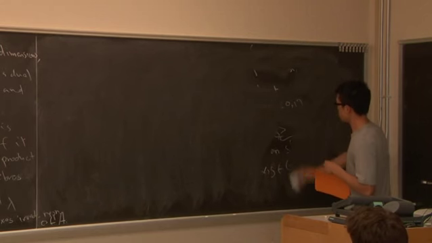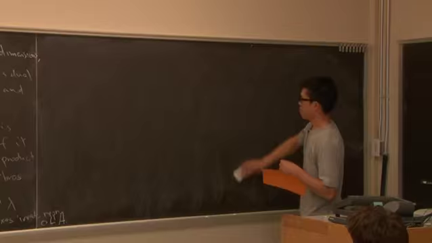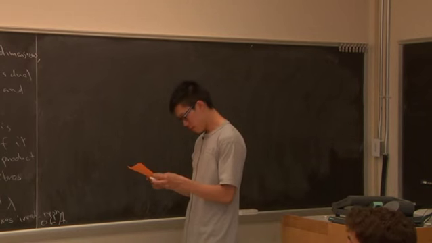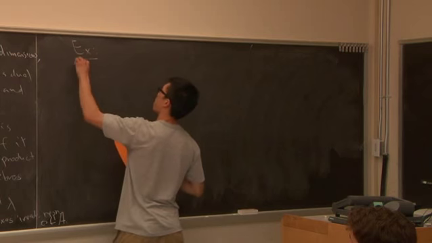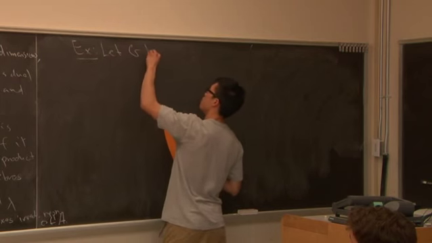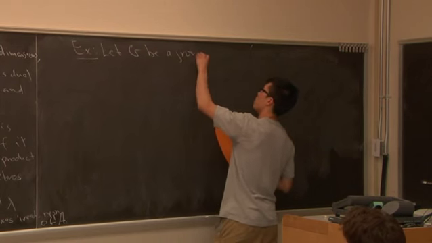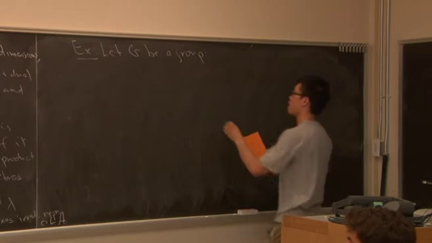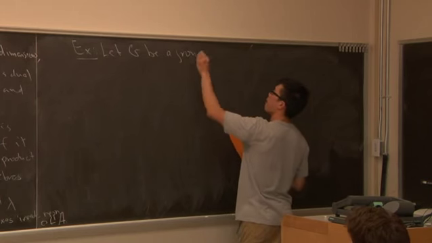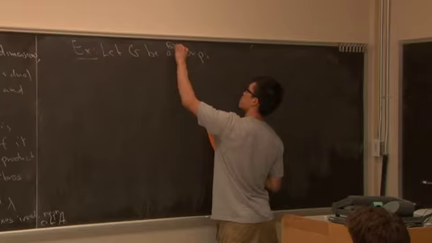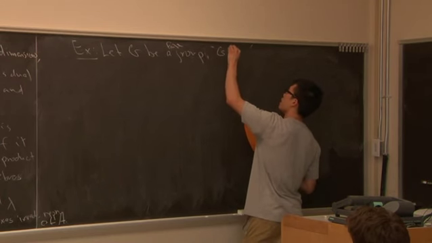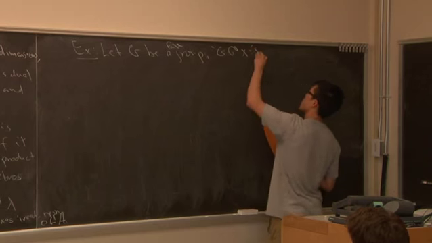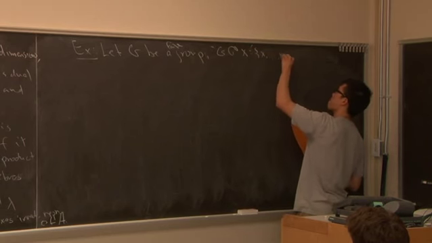All right, so maybe now's a good time for an example. So let G be a group, a finite group like before, and then we have G acting on X, which is going to be some finite set.